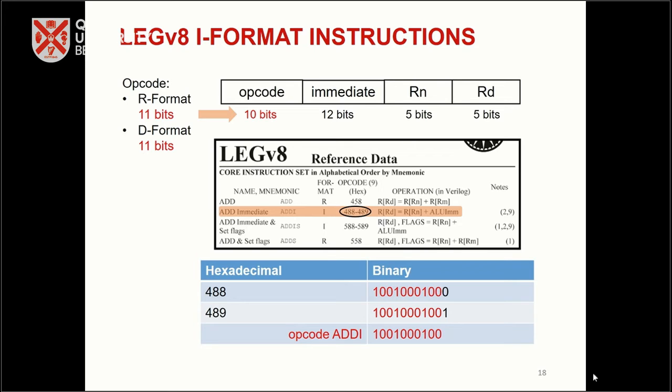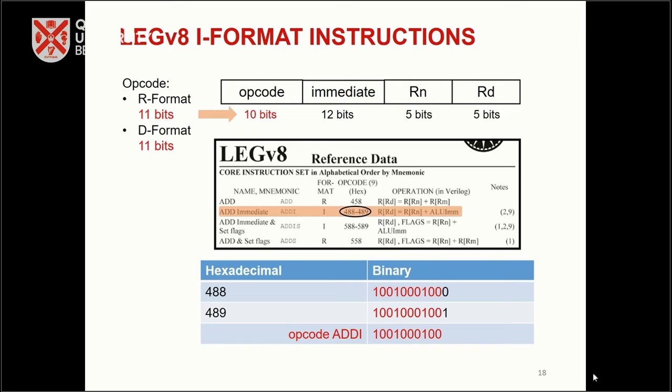So I'm blocking those 2 hexadecimal operation codes for only one operation, the add immediate. Why? Because I'm only using 10 bits, and I want to be able, with only those 10 bits, to say that this is an add immediate and not another instruction.